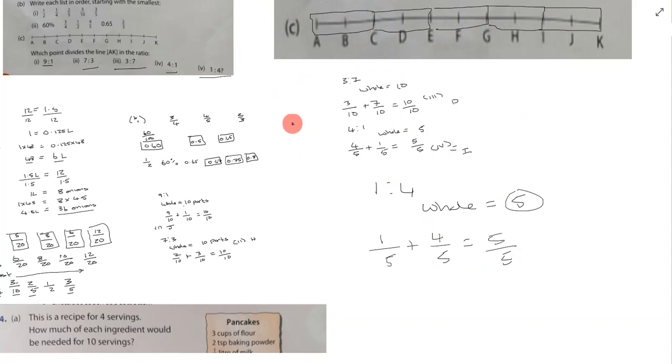So we see if we put our point here at C, on this side we have 1 part, and then on this side we have the remaining 4 parts, and the 2 together is 5 parts. So our answer then to part 5 is going to be if we put it at point C. Point C.